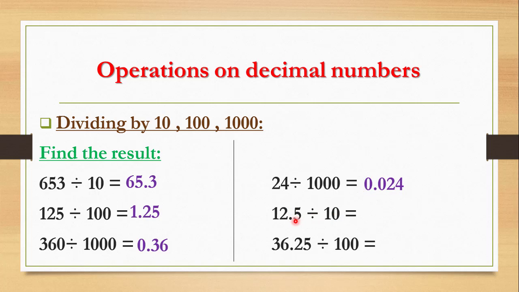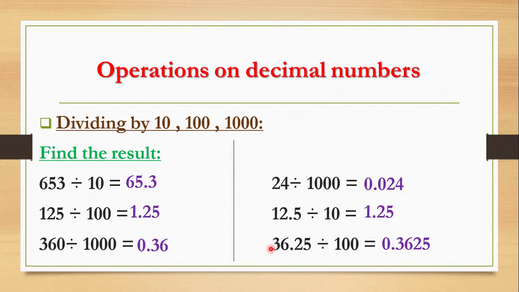Here we have a decimal point. In this case, we will move it to the left a number of places equal to the zeros. So here I'll move it to the left only 1 place because we have only 1 zero. So the result will be 1.25. By the same way here, I'll move the decimal point to the left 2 places.